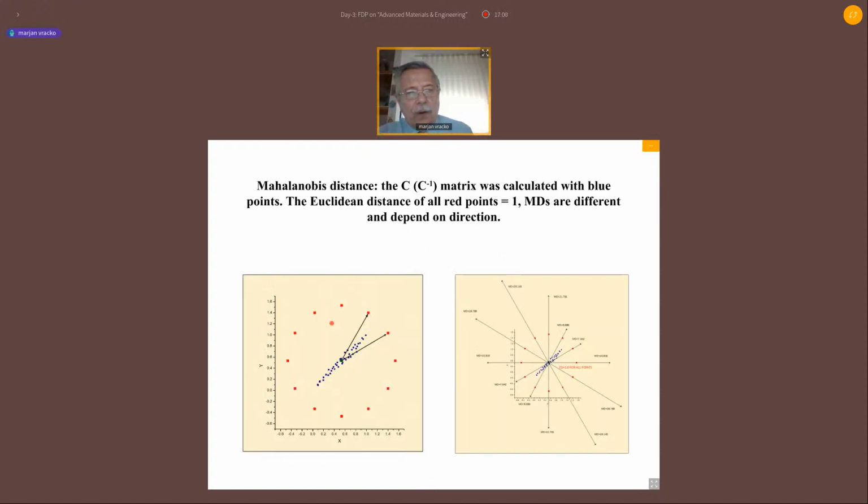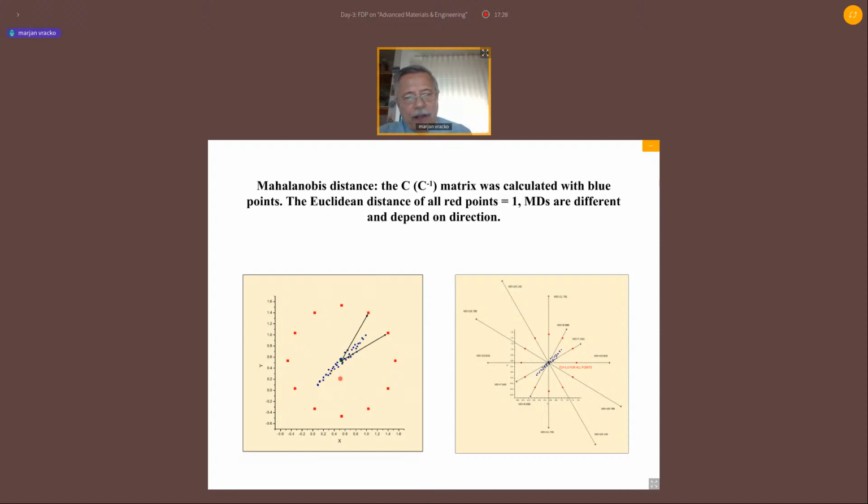How is this visualized? Here it is on a very simple example. For example, we have our original data set, those blue dots. These are our data, and we calculate the covariance matrix and make an inverse of our covariance matrix.